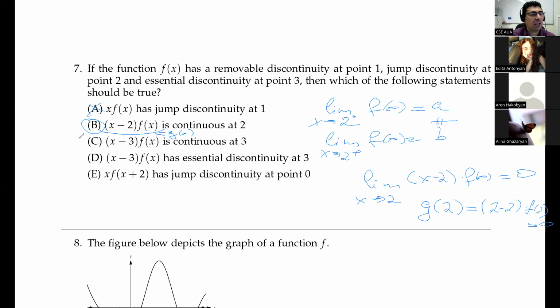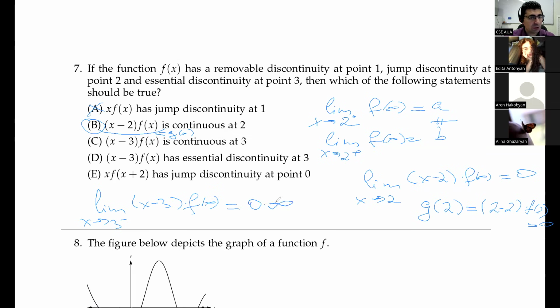But let's discuss the rest. What is the difference between B and C? The only difference is that now we have an essential discontinuity. And essential discontinuity means that the function at 3 might explode. Maybe the limit is infinity. Now, what is the limit of x minus 3 times f of x if x tends to 3, from right or from left? Maybe f tends to infinity. It's an indeterminate form, right?